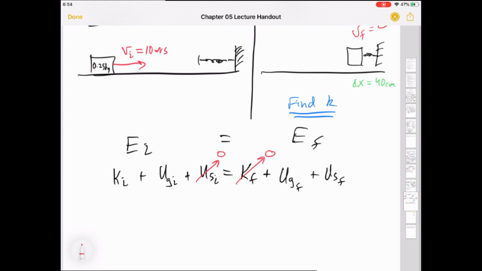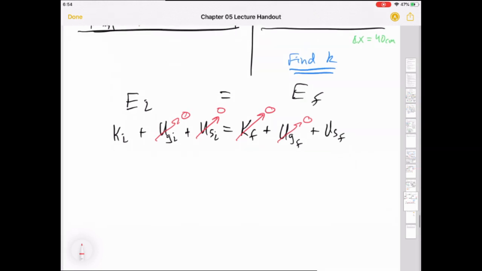Well, no matter what I call y equals 0, UG is not changing, so I could subtract it from both sides, and that doesn't ruin anything. The other thing I could do is call the ground y equals 0, and then this one is 0 and this one's also 0. So it's good to think about gravity, but in this case it doesn't make any difference because we're not moving up or down. Okay, so I've got K initial equals US final.